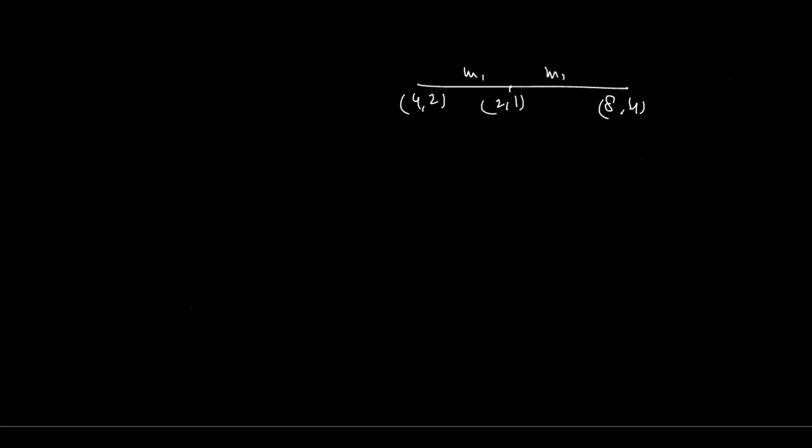Let's assume that this point divides the line segment into m1 and m2, and this one is capital X and this one is capital Y. And I told you there is no need, only one coordinate is enough to calculate the ratio. So either you can calculate it by X or by Y. So let's calculate it by using X.